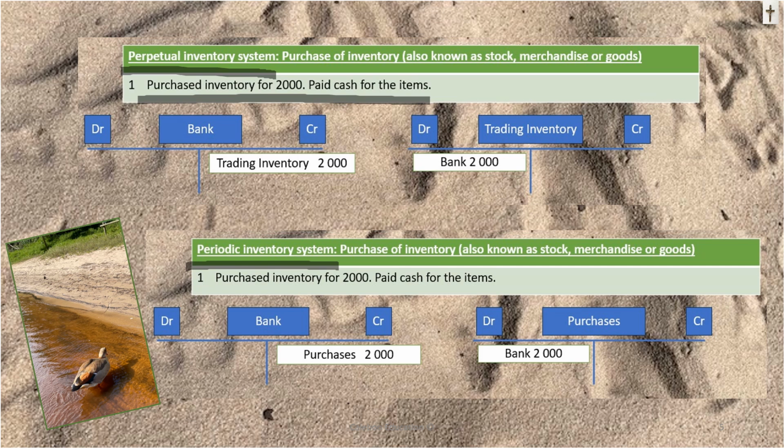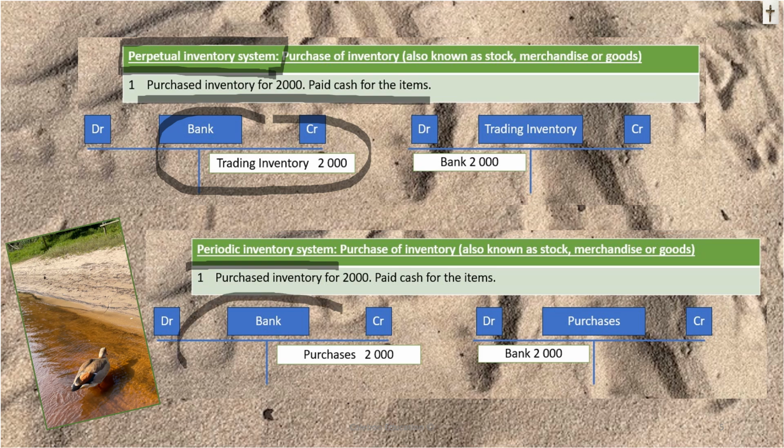Stock was purchased. In the perpetual inventory system, bank was credited. In the periodic inventory system, bank was also credited because our bank balance decreased, and a decrease in assets, the rule says credit the account.